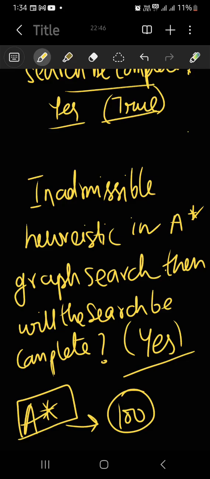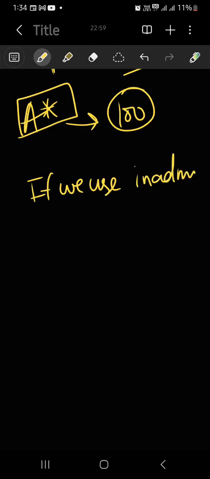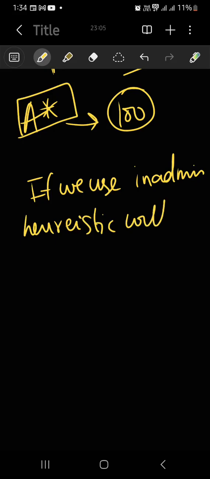Now obviously, from here the follow-up question: if we use an inadmissible heuristic in graph search, will it be optimal?